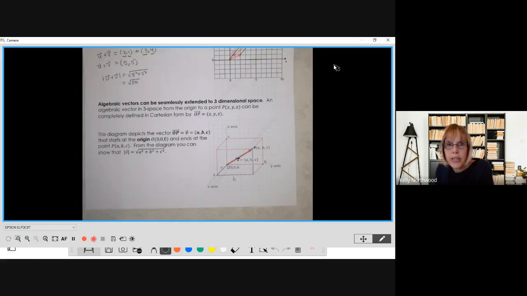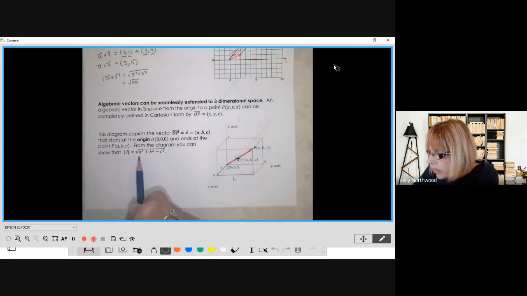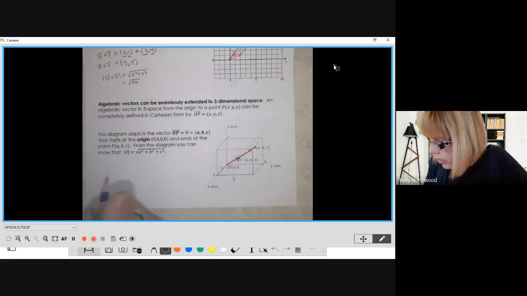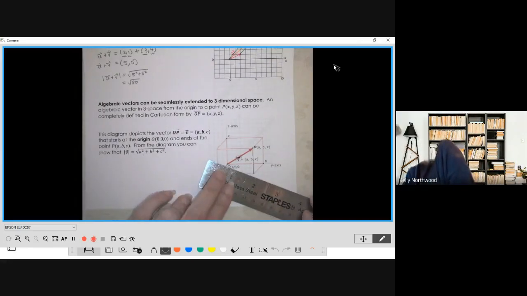And what I want to show you from the diagram is that if I wanted to find the magnitude of this vector, it would simply be the square root of a squared plus b squared plus c squared. So I'm going to start off by saying that first we're going to find this diagonal here.